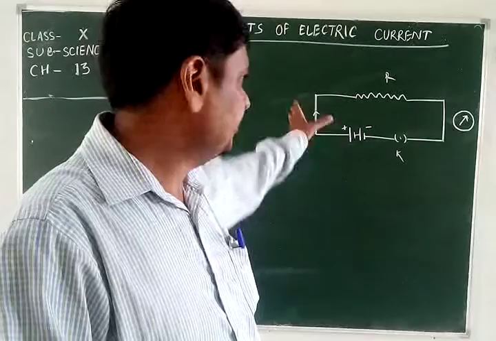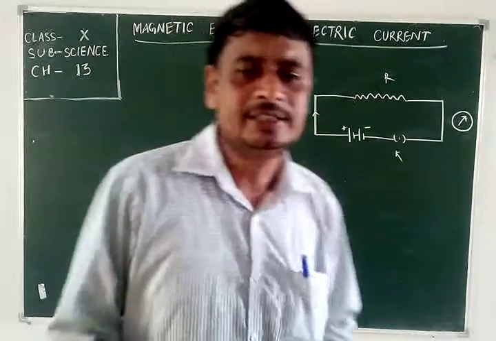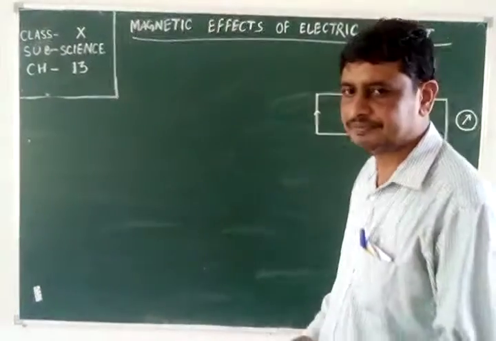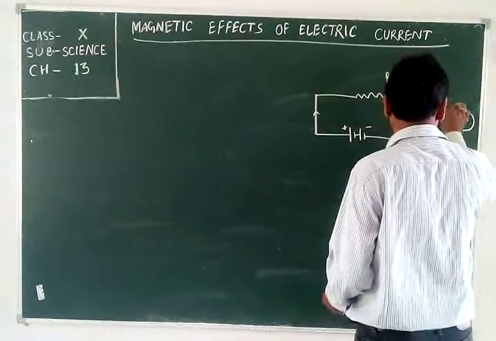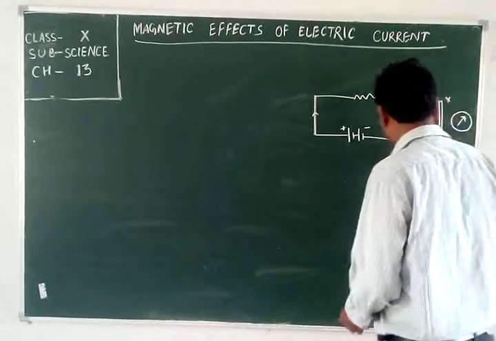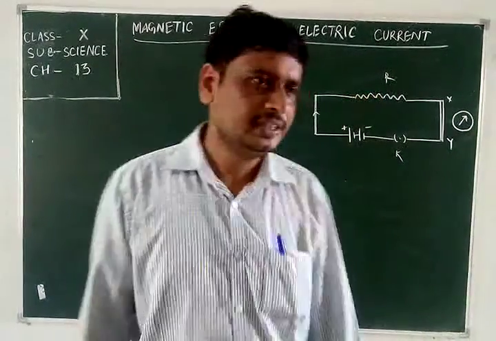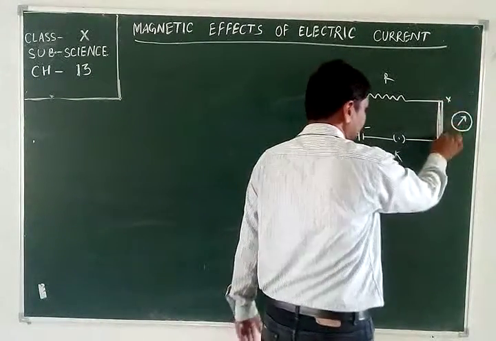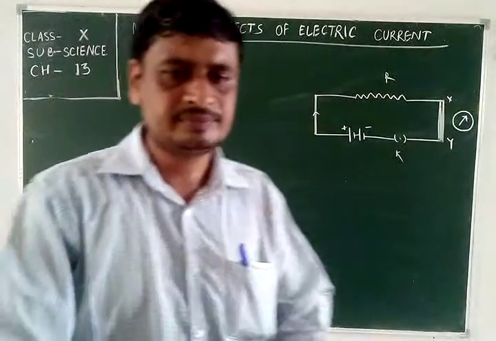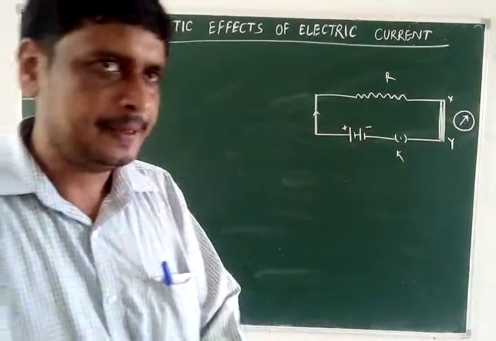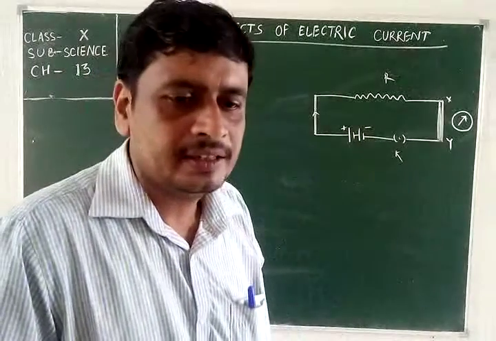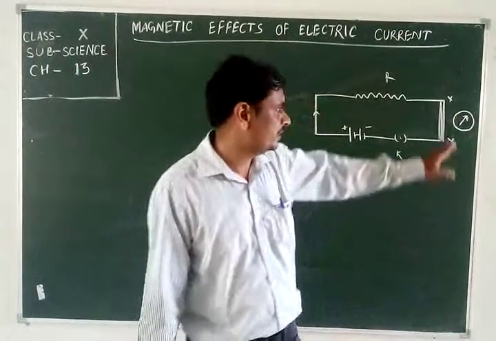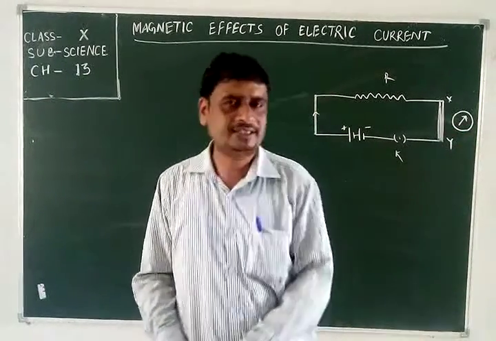Here a thick copper wire is taken and placed between the points X and Y in an electric circuit, which is shown in this figure. Now place a small compass near this copper wire. This one is a magnetic compass which is placed near this copper wire.